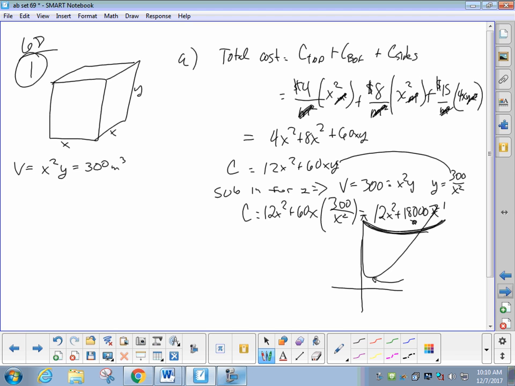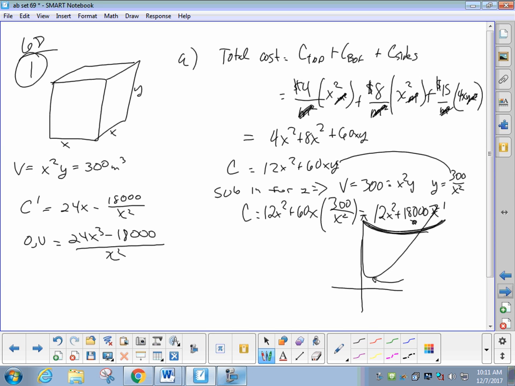Let's do the calculus. If I find C prime, it's 24x minus 18,000 over x squared, which is 24x cubed minus 18,000 over the common denominator x squared. Obviously, this would be undefined at x equals 0, but in terms of the dimension of the cage, that's not happening.